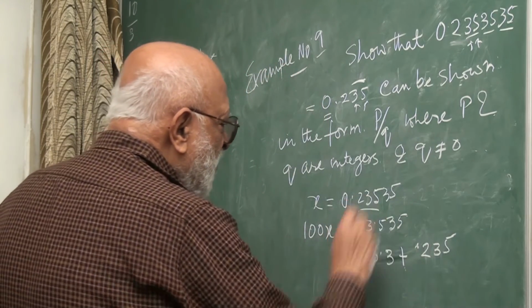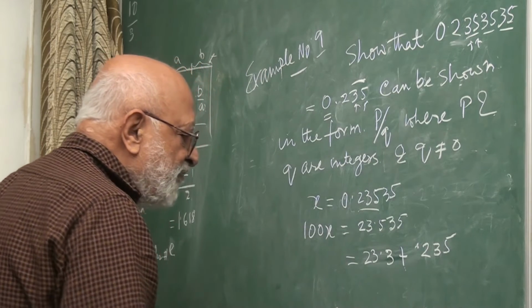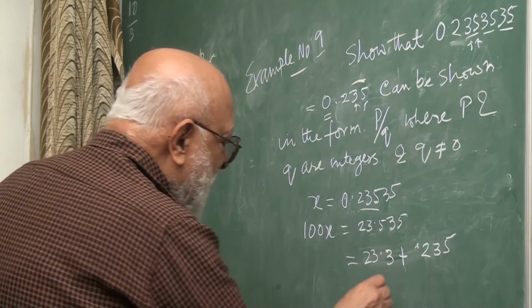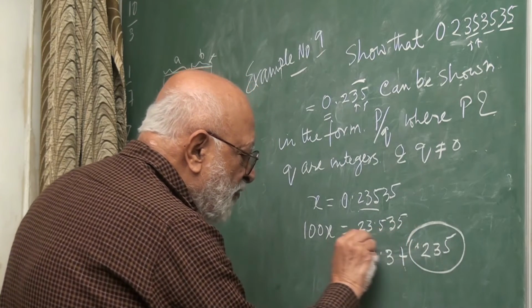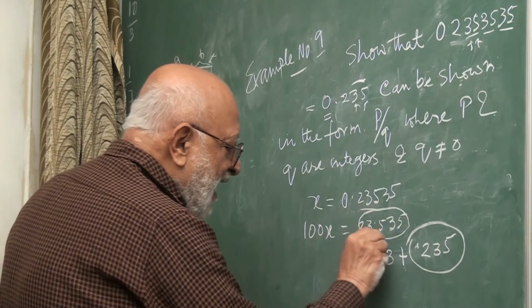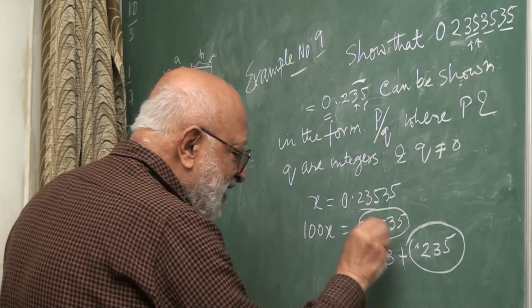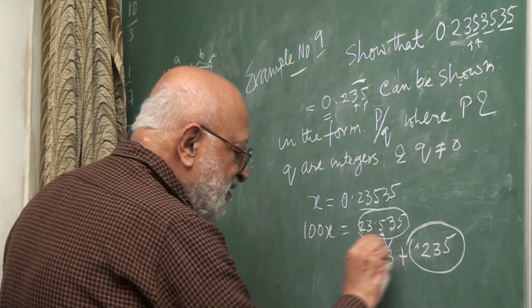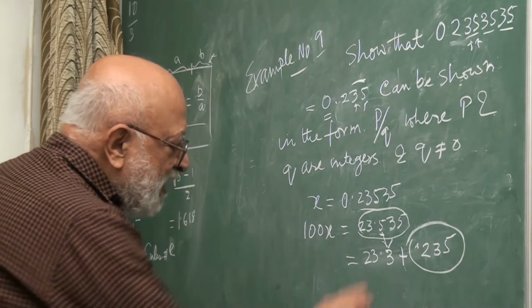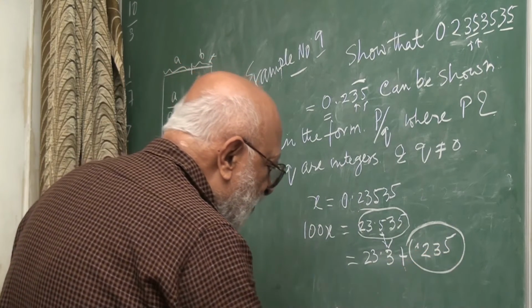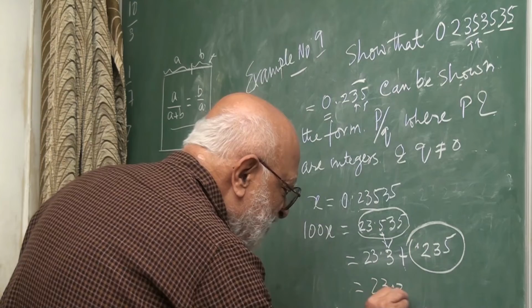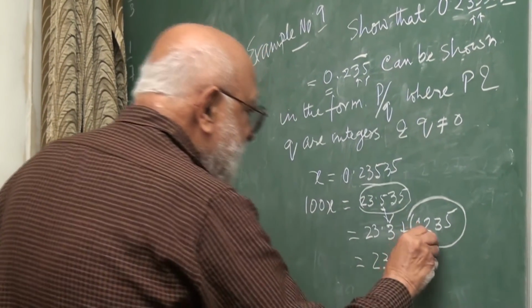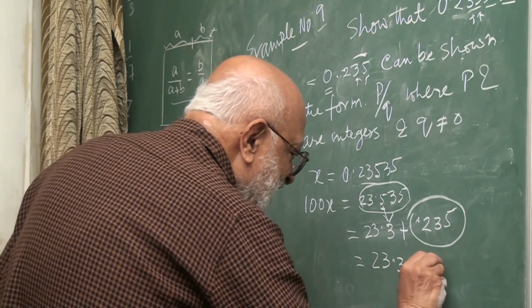I have taken 0.235 out of this and converted this 5 into 3, so that I can deduct this one. What does it give? This gives me 23.3, and this now I can write x.